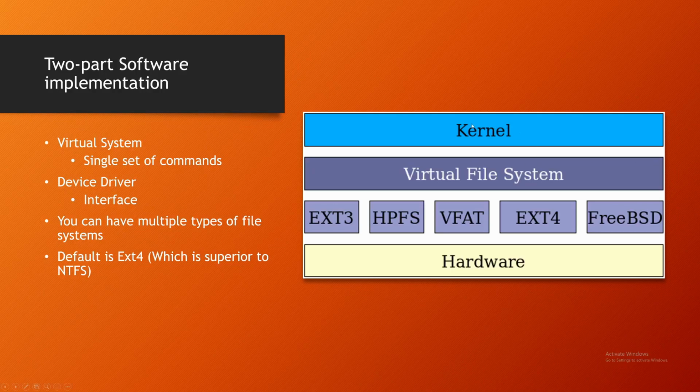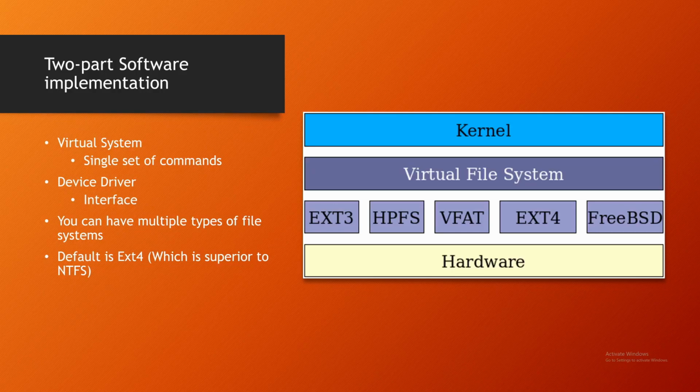So we've got the kernel up here and the virtual file system here, and the different types of file systems that you can possibly have. You can have a ton more, but in this example, we have this, and that's the hardware. The virtual file system calls a specific device driver to interface with the various types of file systems.